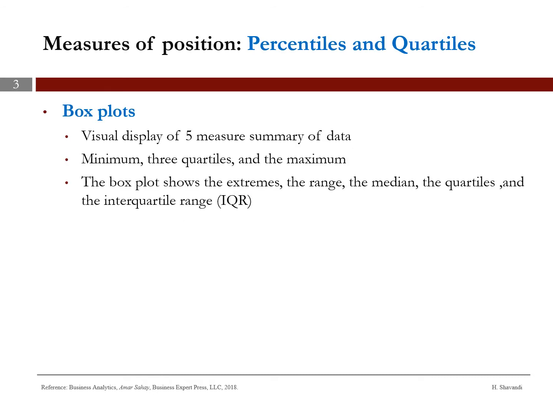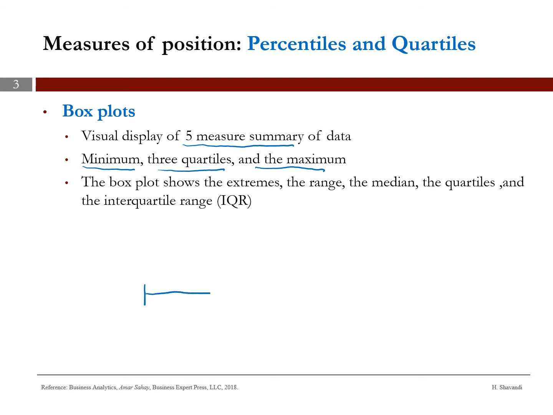After calculating the quartiles, we can visualize the quartiles and the range in a graph called a box plot. A box plot is a visual tool for five measures, which are the minimum, the three quartiles, and the maximum. So let's have it here.